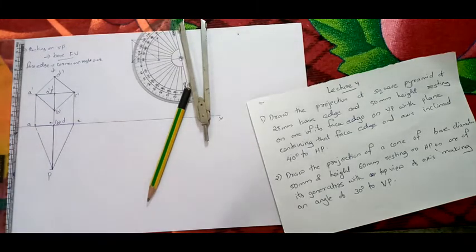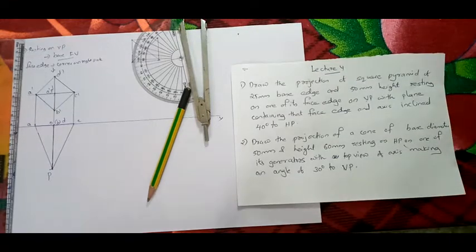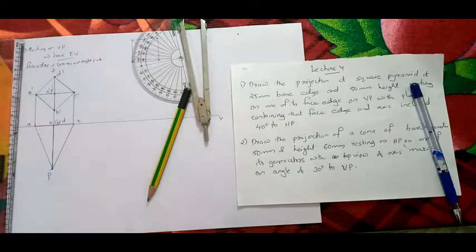Now tell the first difference. I am making a correction here. Previously we were drawing problems based on solids resting on HP. Here the solid is resting on VP. If the solid is resting on HP, we have given the first inclination to the front view, right?